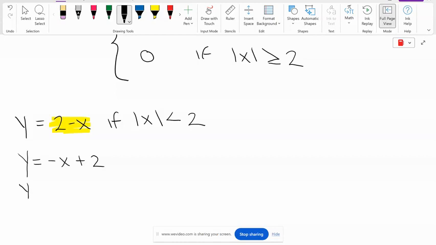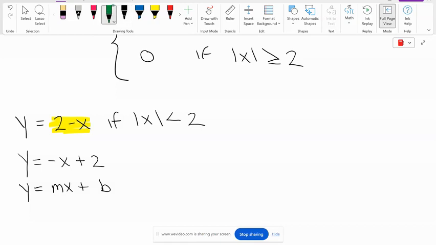Now this looks a little bit more like y equals mx plus b. So we can sketch that line if we wanted to. But now our domain is restricted in a very weird way. It's saying the absolute value of x is less than 2. Danny, is your hand up? No. Okay. So if you remember way back when from Unit 1, anytime you have an absolute value and an inequality, we're going to separate it into two.